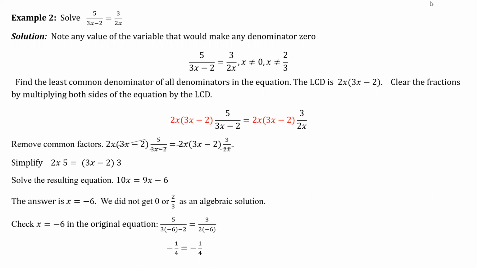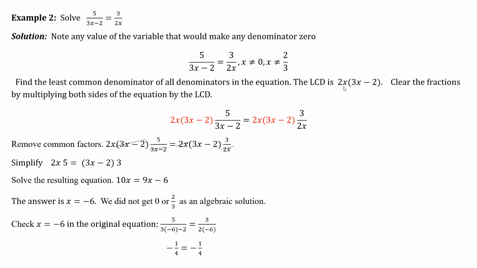And we solve the next equation as in the first example. Any value of the variable that would make any denominator 0 is 0 and 2/3. Find the least common denominator of all denominators in the equation.